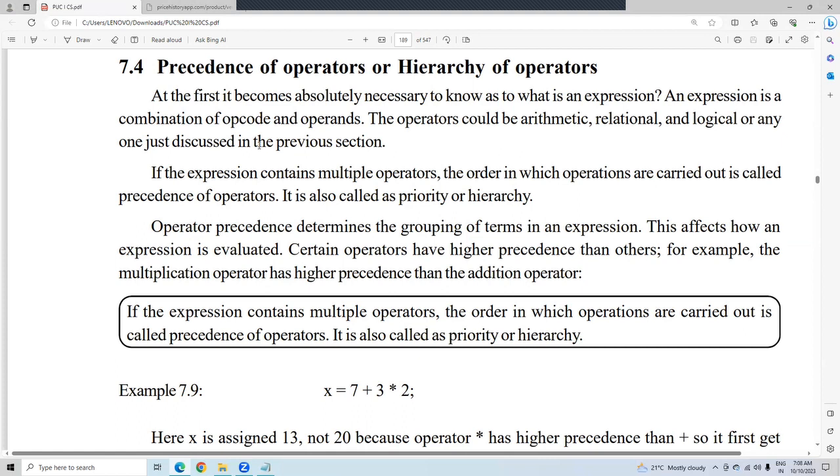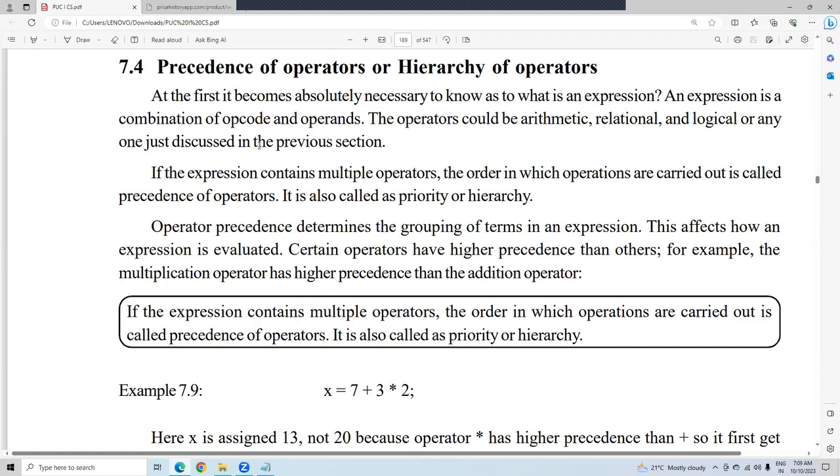So let us go with precedence of operators or hierarchy of operators. At first, it becomes absolutely necessary to know what an expression is. An expression is a combination of operators and operands. Opcode means operators, the operation to be performed.